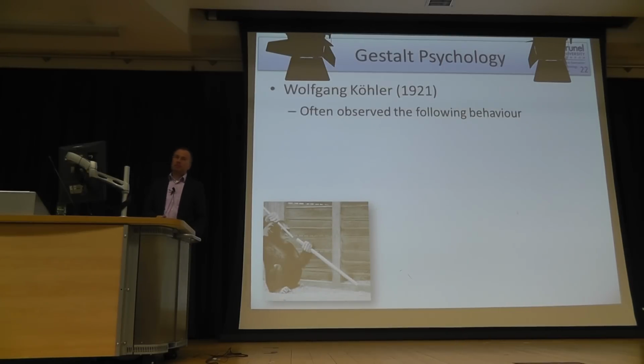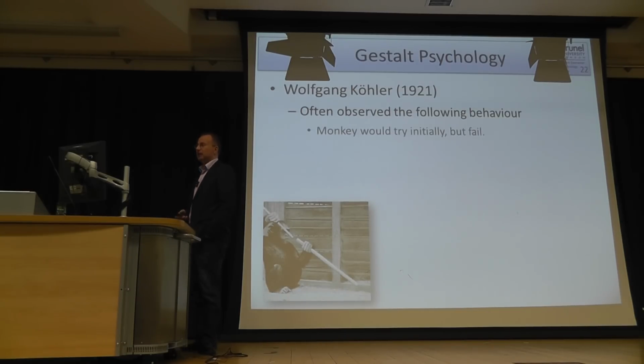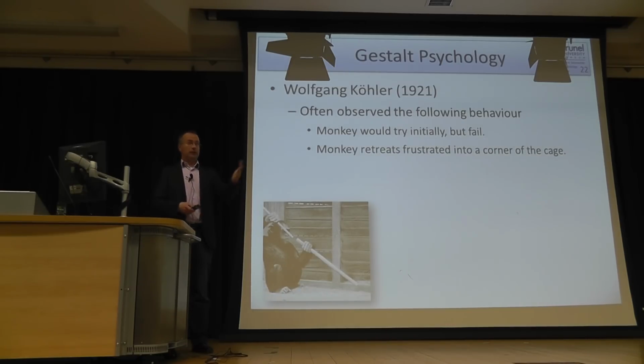And Köhler often observed a specific type of behavior in the monkeys. The monkey would initially try but fail. So for instance, he tries to get the food with one stick, it doesn't work, throws it away, takes another stick, it doesn't work again. And then he's frustrated, of course, because there's food he can't reach.